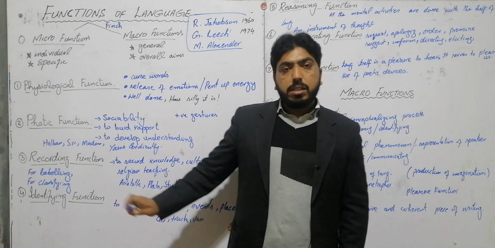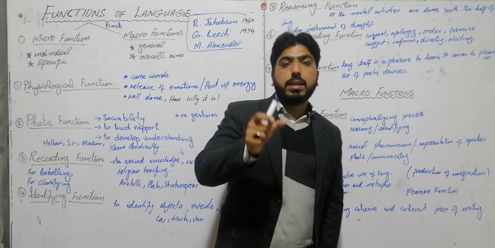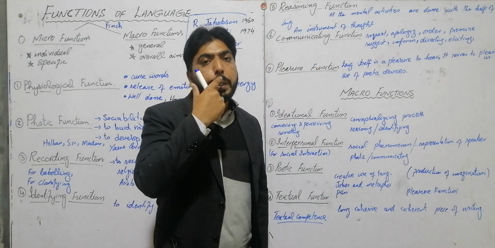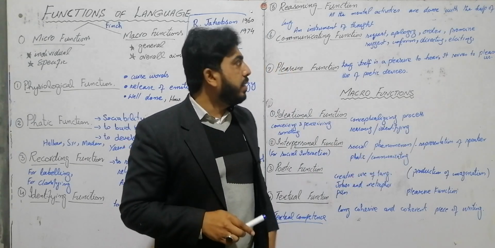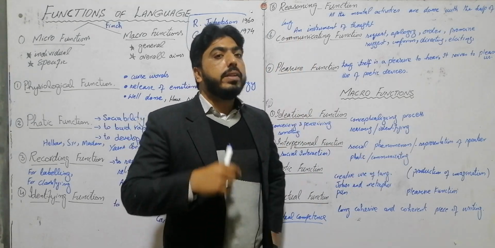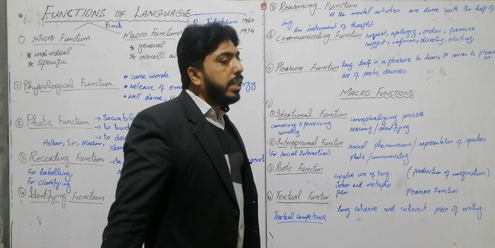In the same way, the identifying function enables us to identify certain objects, persons, and places, so that we become able to discriminate among certain things. Another function is reasoning, which is related to the thinking process, and the communicating function.